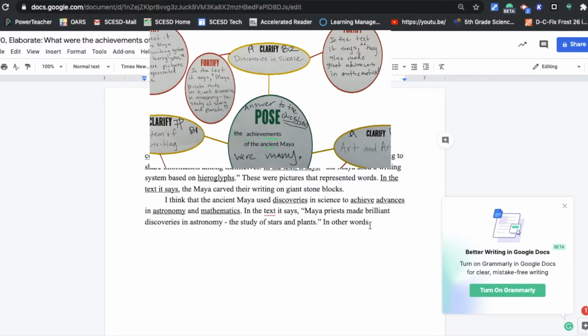So let's go back and clarify that this is indeed an achievement. In other words, the Maya achieved the ability to study planets and stars.